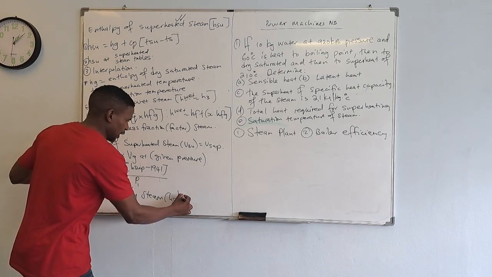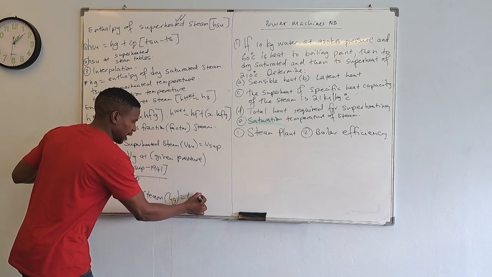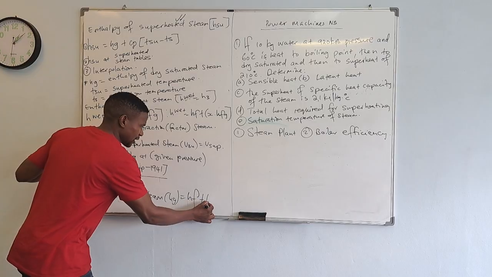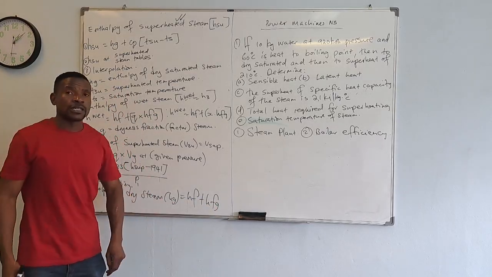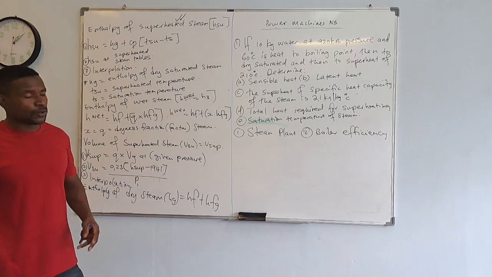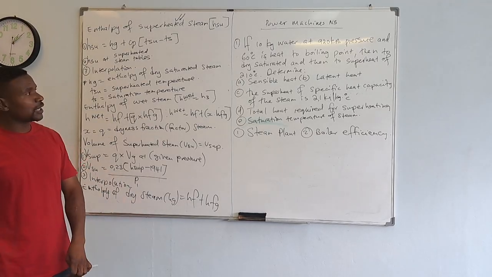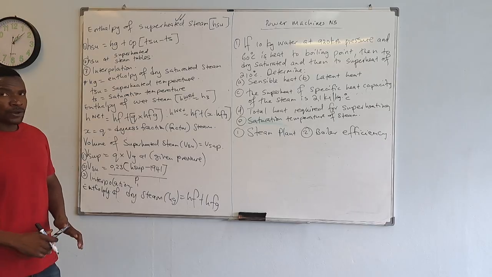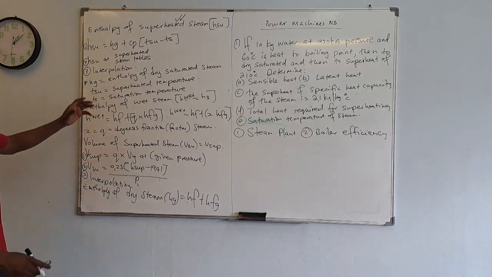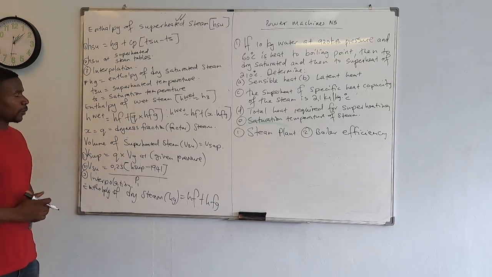We just know that Hg is the same thing as Hf plus our Hfg. In other words, if you add your sensible heat plus your latent heat, it gives you the enthalpy of dry steam. So I think on the part of our formulas, we are done.